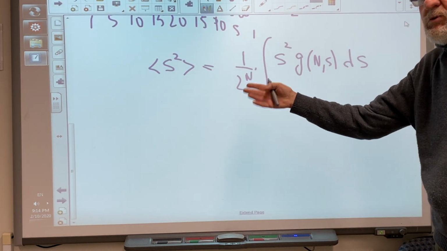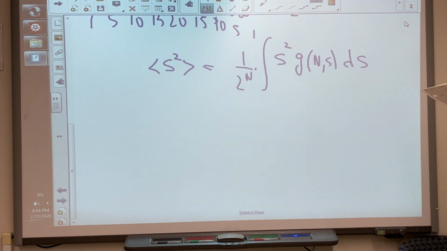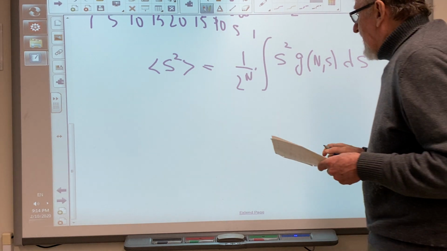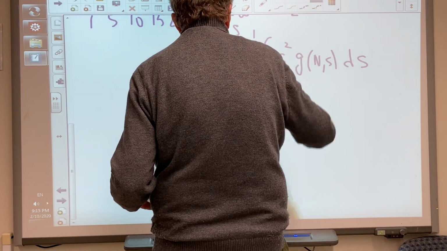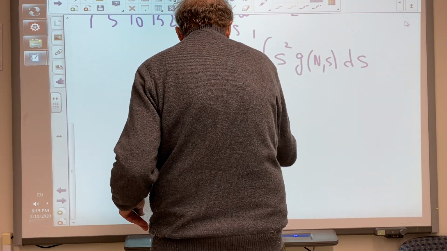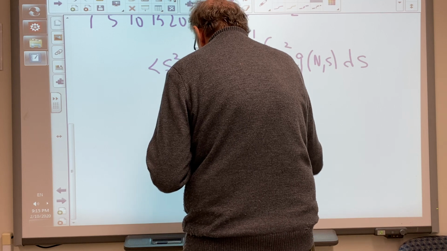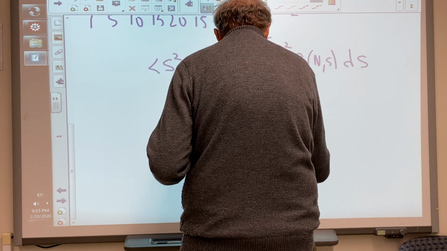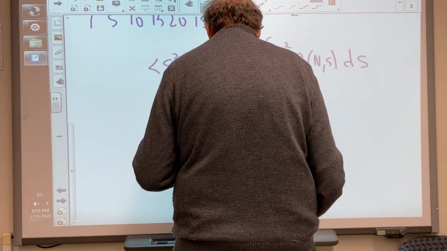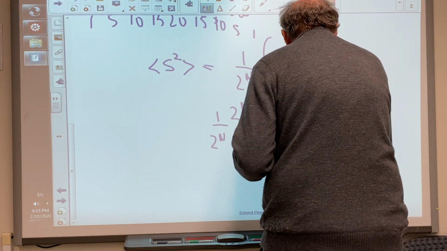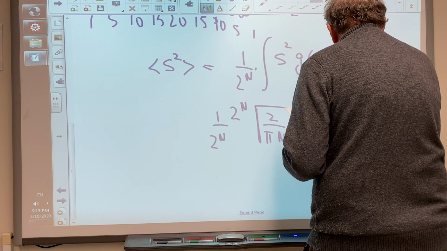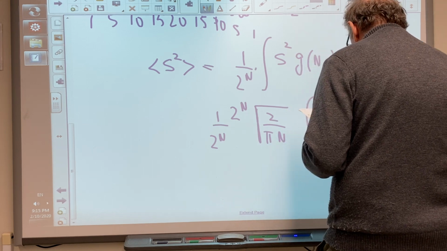But when you divide by 2 to the n, it's a number between 0 and 1. So what is that? That is 1 over 2 to the n. Let me write the g. Remember, it contains the factor 2 to the n, square root of 2 over pi n. All that goes outside the integral, and I get s squared e to the minus 2 s squared over n ds.